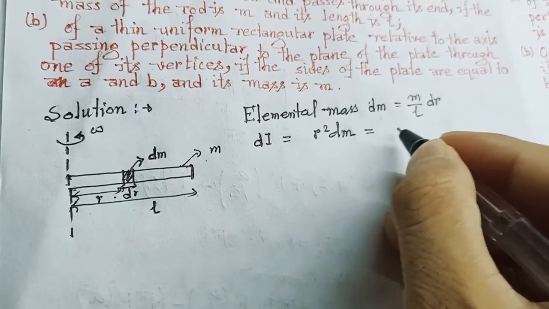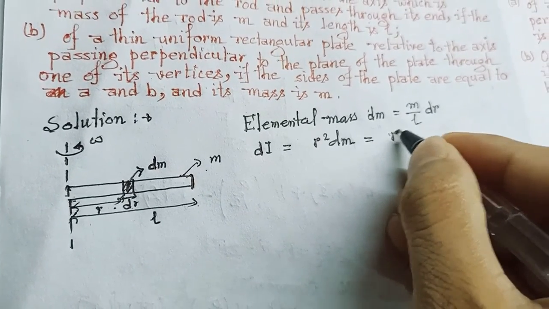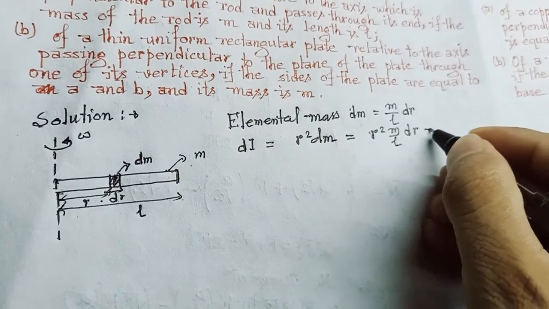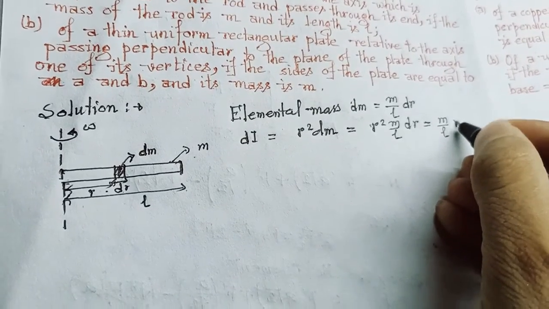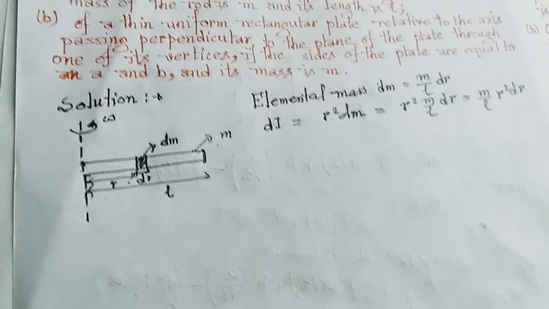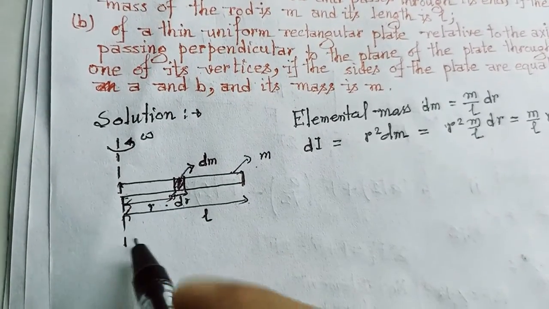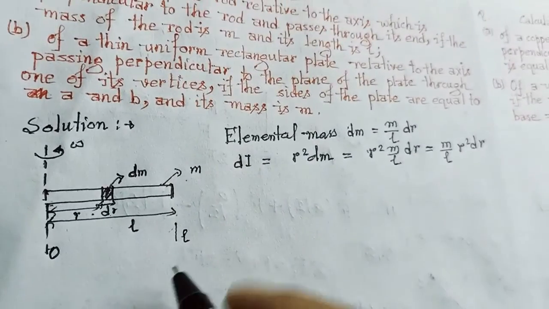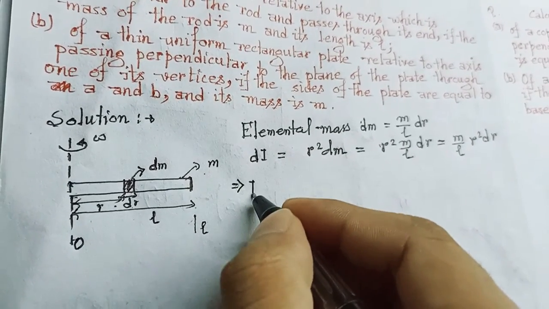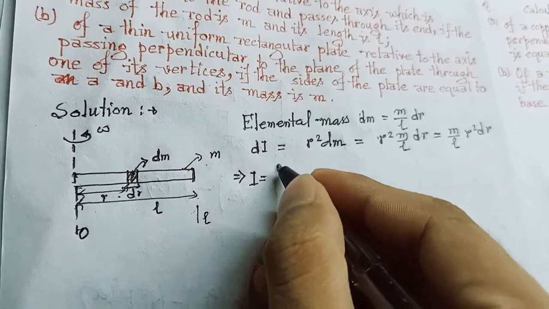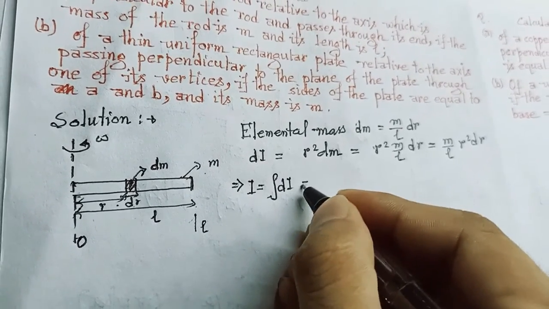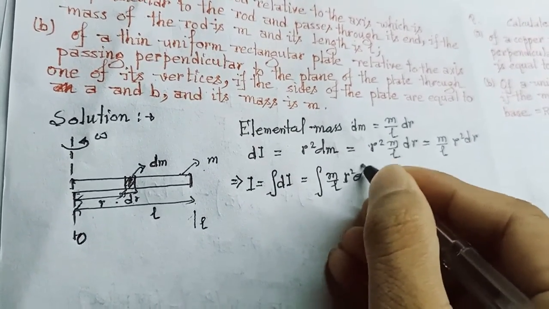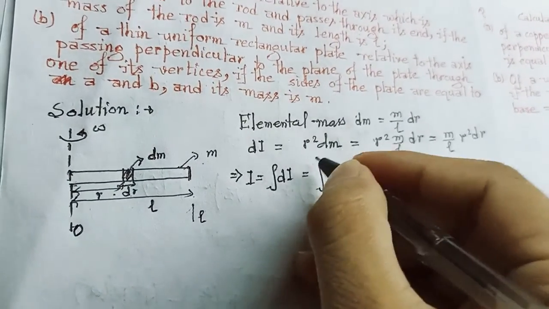So that will be equal to r square m divided by L into dr, which is equal to m divided by L into r square dr. Now we have to find the total moment of inertia from the limit 0 to the total length L. If we want to find the total moment of inertia of the rod, I will be equal to the integration of dI, which is equal to the integration of m divided by L into r square dr from the limit 0 to L.